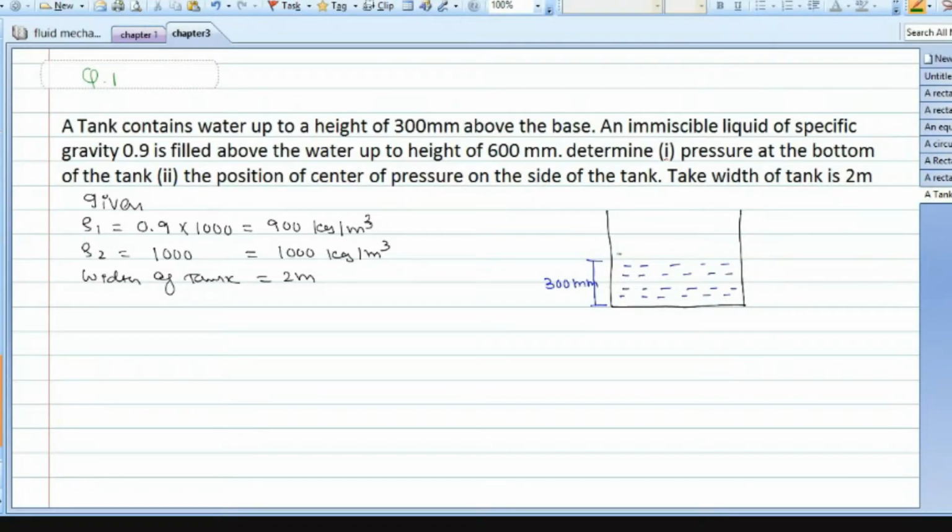I am using this green color line for the other liquid. We fill the liquid up to this height of 600 millimeters, and the total height that we get is 900 millimeter.